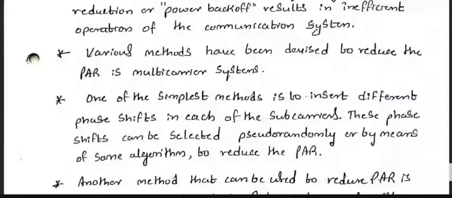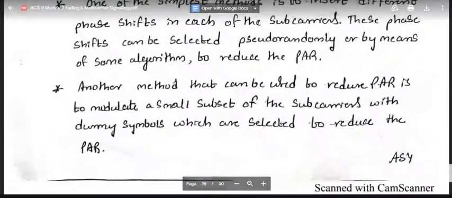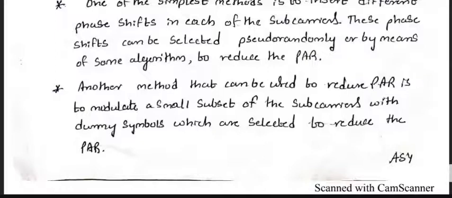These phase shifts can be selected pseudo-randomly or by means of some algorithm, so that our peak to average ratio will be reduced. Another method is that we can take a small subset of the subcarriers, and that small subset of subcarriers is modulated with dummy signals.